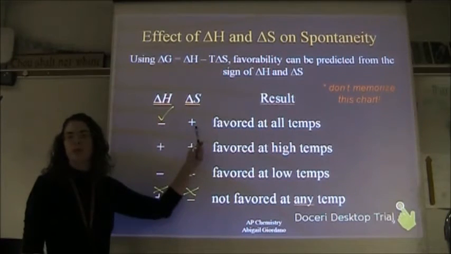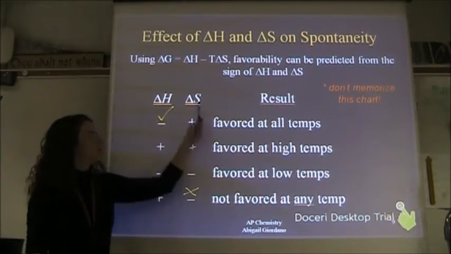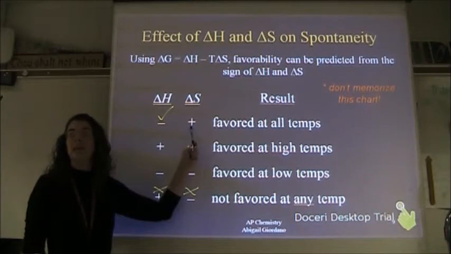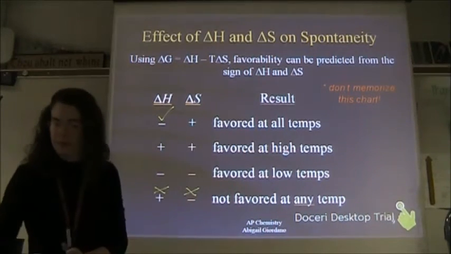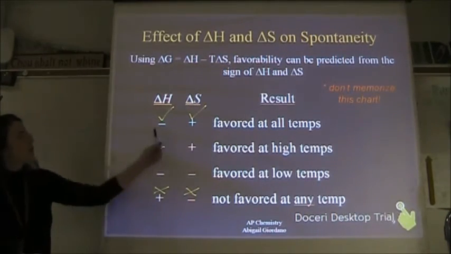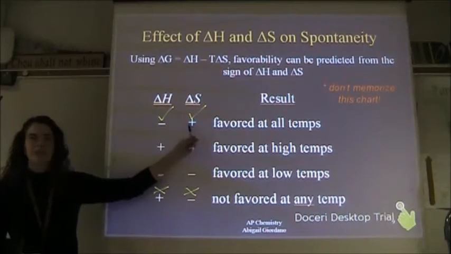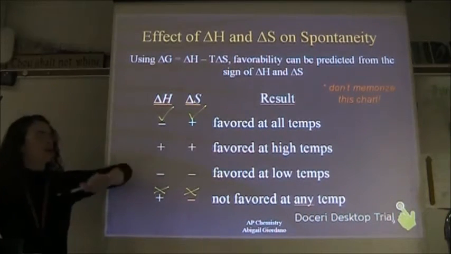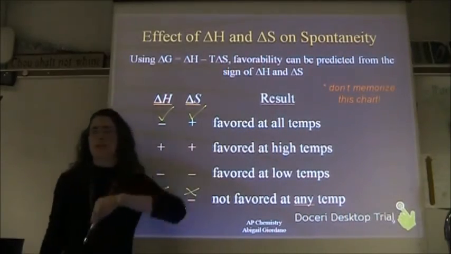Put this in your own words. What's happening? Positive change in entropy? What's going on? It's getting messier. Does the universe like that? Yes. So that's a double yes. If you have this situation, this exothermic reaction that is getting messier will always be favored.